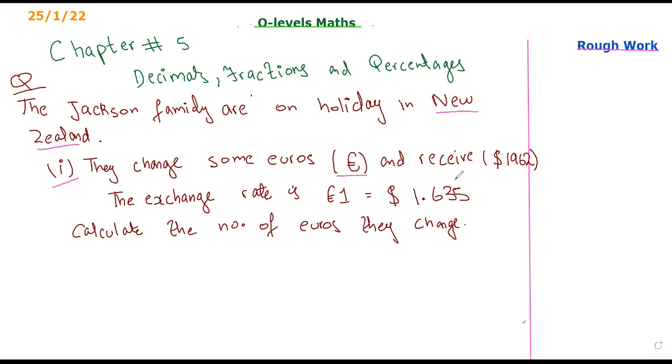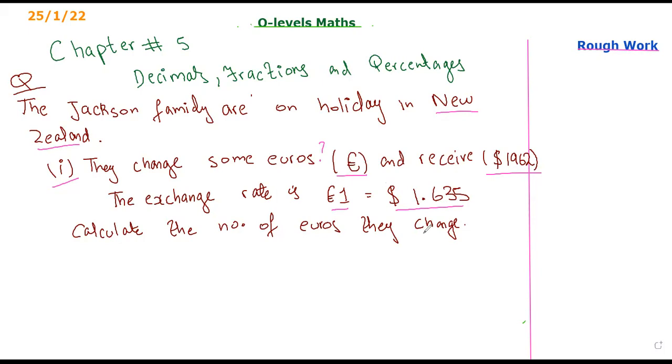They change some euros, which we are not sure about the exact amount, and receive $1,962. The exchange rate is for €1, you get $1.635. Calculate the number of euros they change.